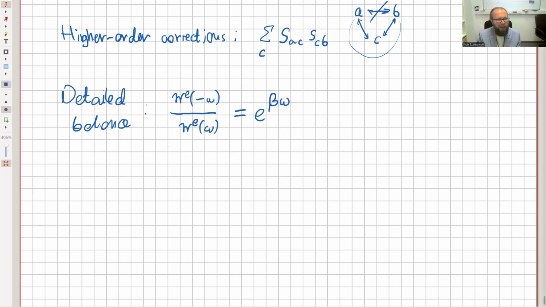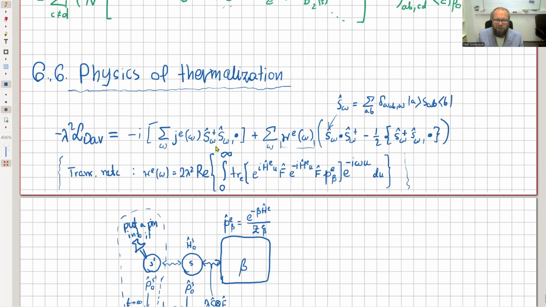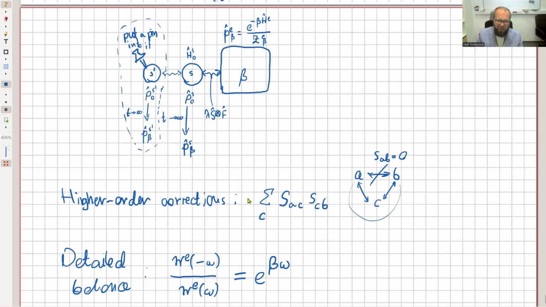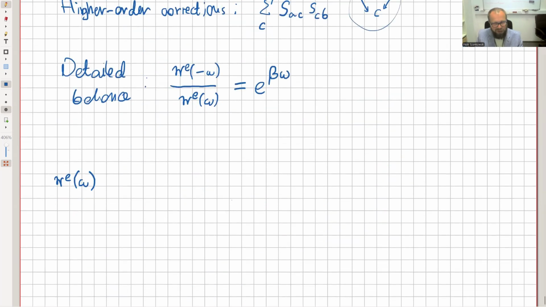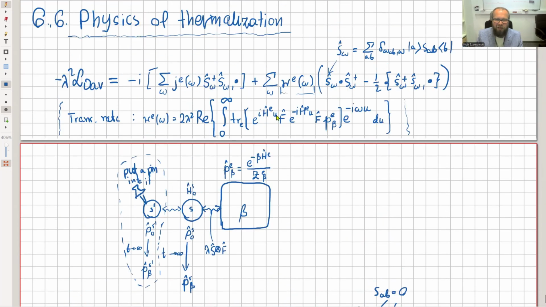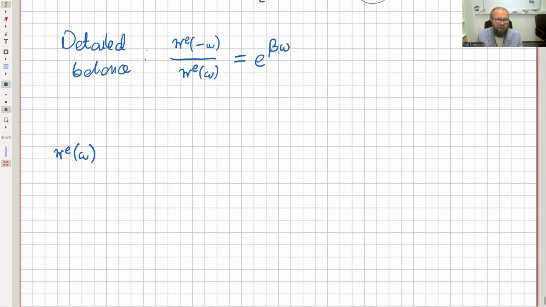And where does the detailed balance come from actually, right? So we have our transition rate, which I wrote down the formula here, half of the Fourier transform, and so on. But the detailed balance came not just from this formula, but from the fact that the transition rate can be subjected to the fluctuation dissipation theorem.